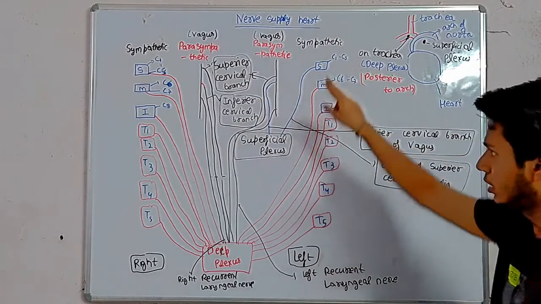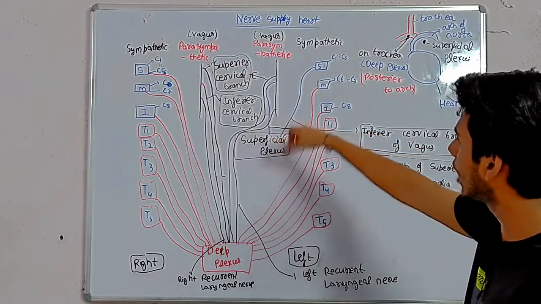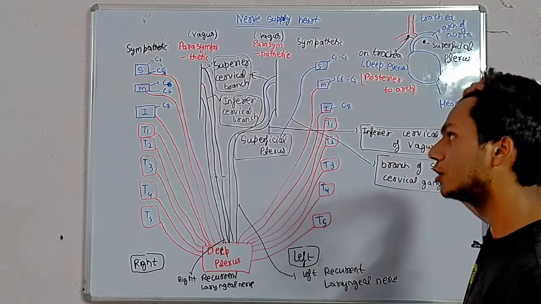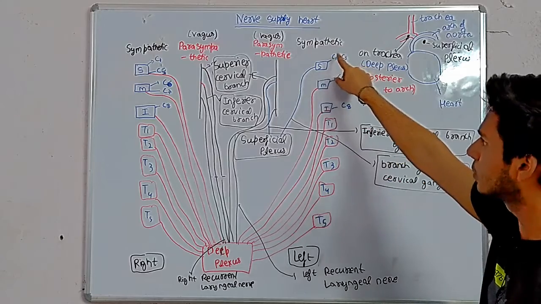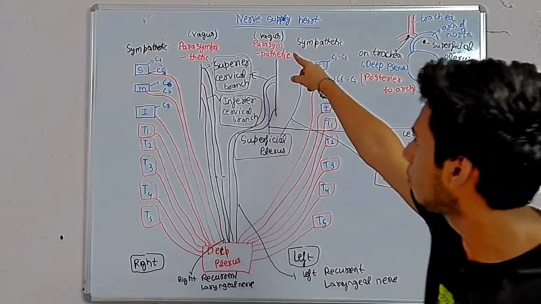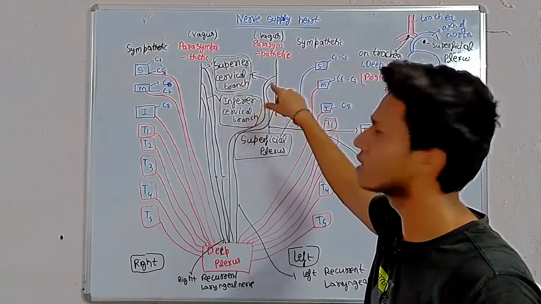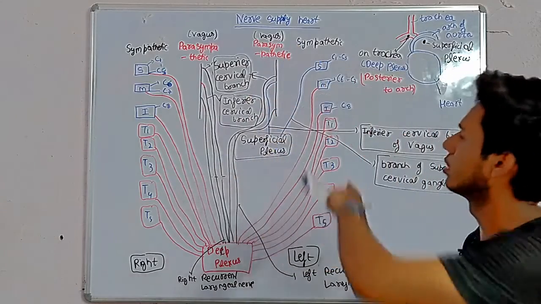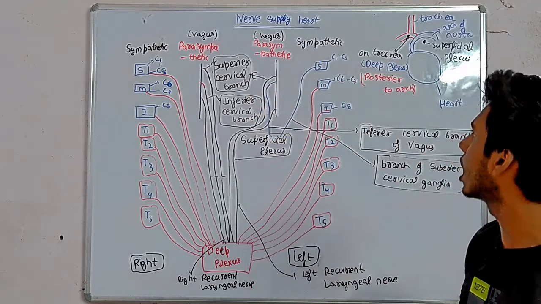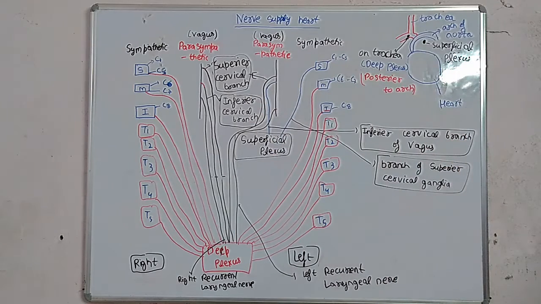The two other nerves, the inferior cervical branch and the superior ganglion branch, go to the superficial plexus. So this is the whole cardiac plexus. Note this.